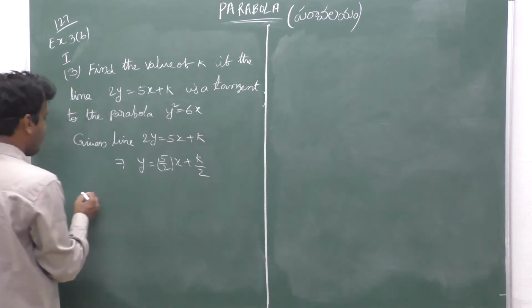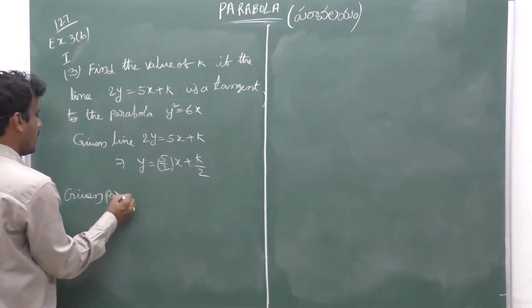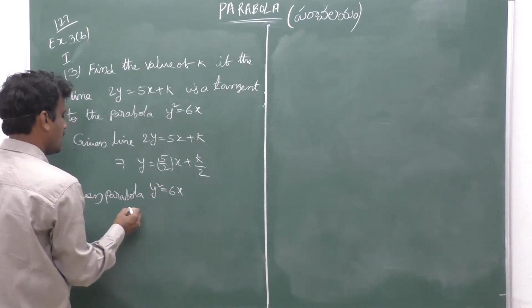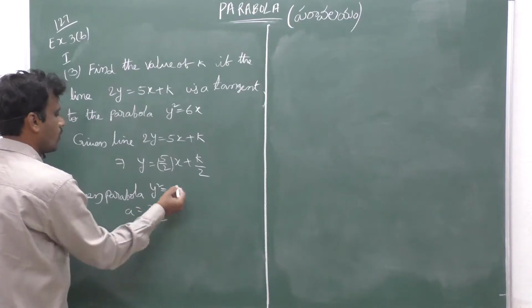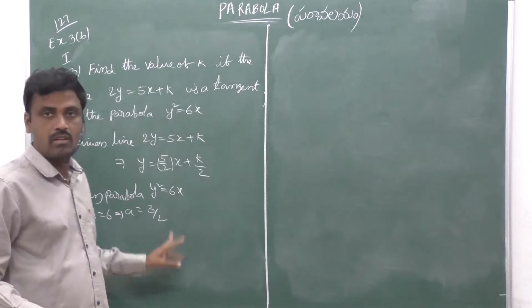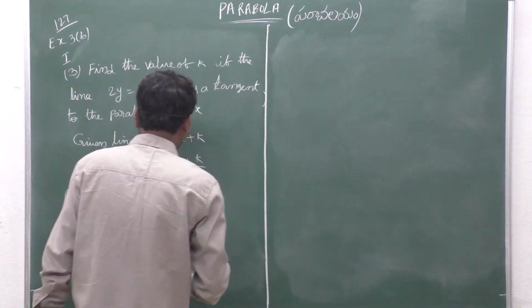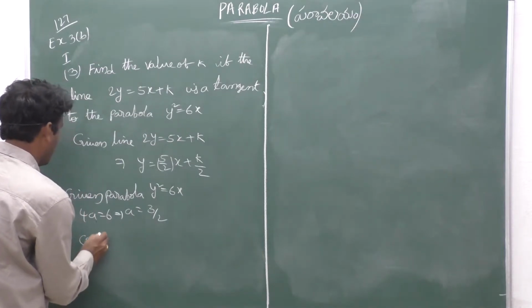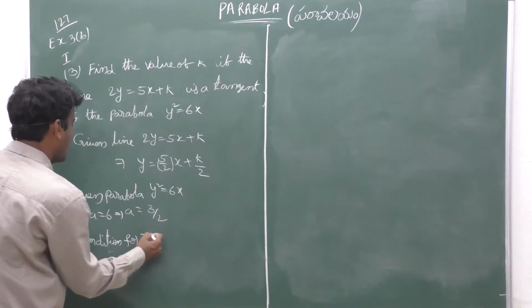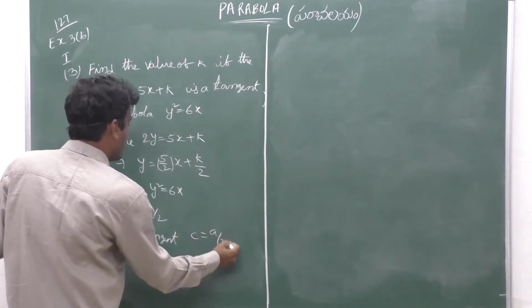Given parabola y square equal to 6x, that is 4a equal to 6, that implies a equal to 3 by 2. Next, the tangent condition: for tangent, c equal to a by m.